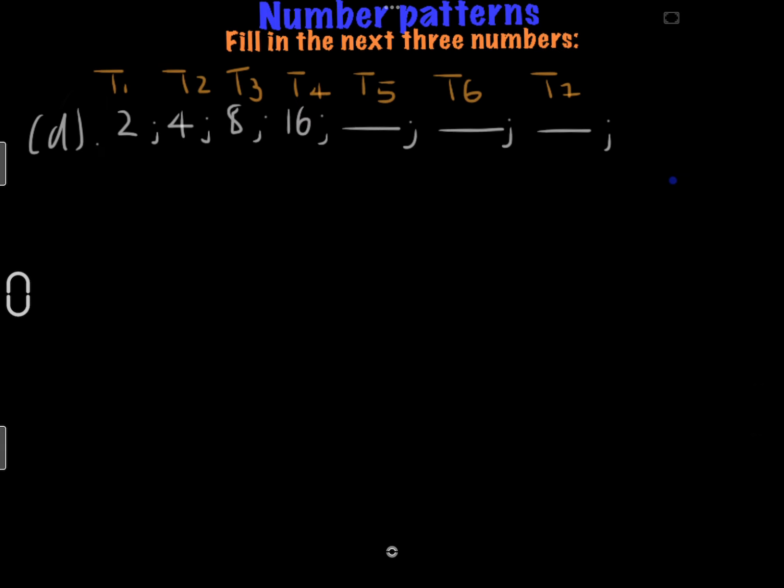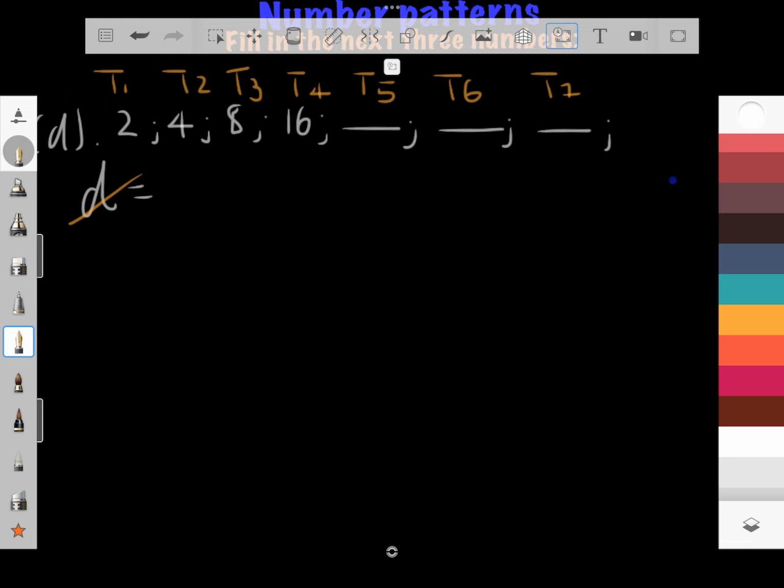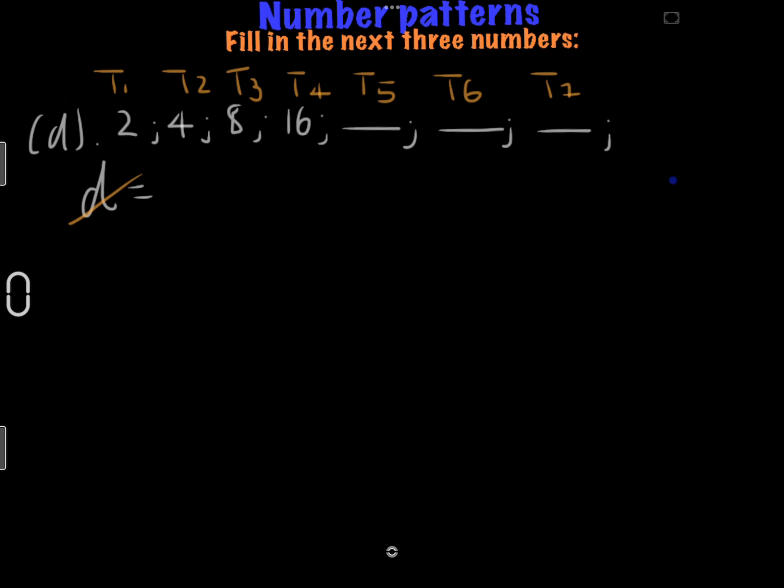Now, let's see what we find in this case. Clearly here, we don't add any value to get to the next. So the concept of common difference doesn't apply in this case. We need to establish another application known as the ratio.